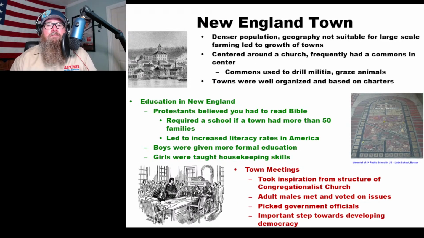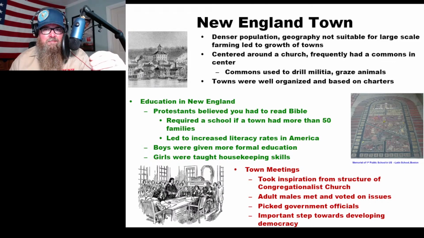Now, the New England town, like I said, is much more densely populated. And so they could have the towns, they could have the churches, they could have all these things and have a bigger sense of community. All right. And they would have things that came close to developing democracy, not 100%, but make no mistake, everything is based around the church.